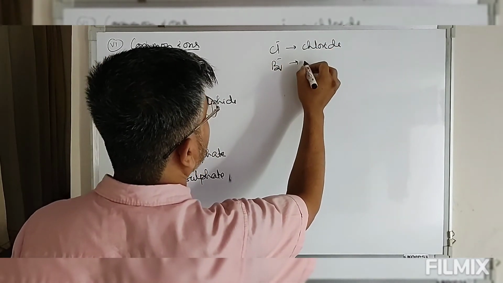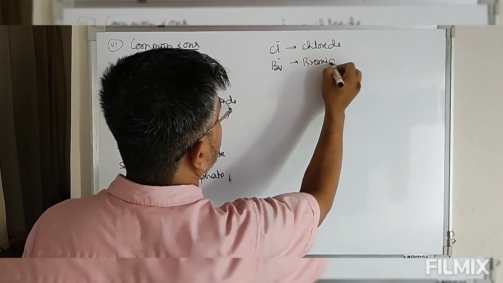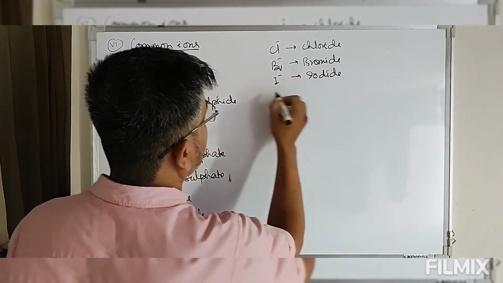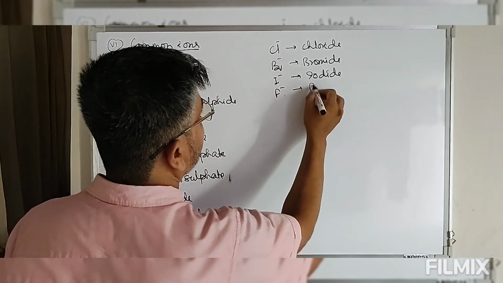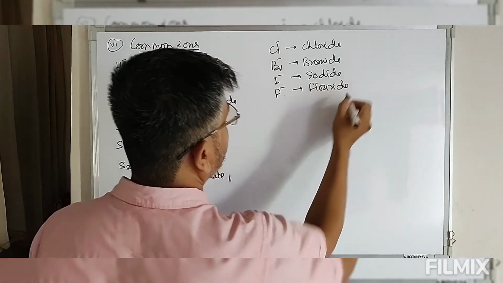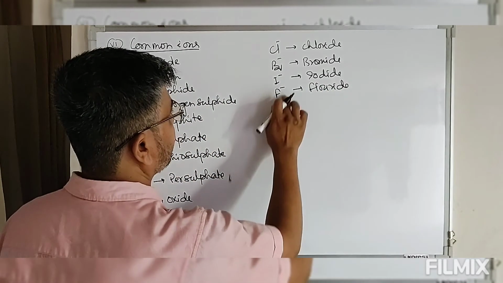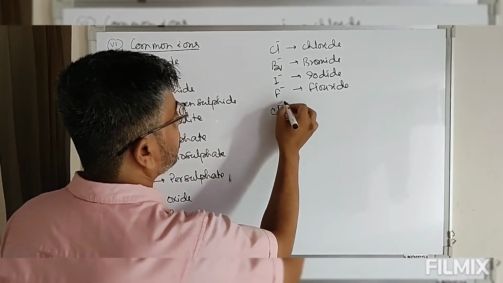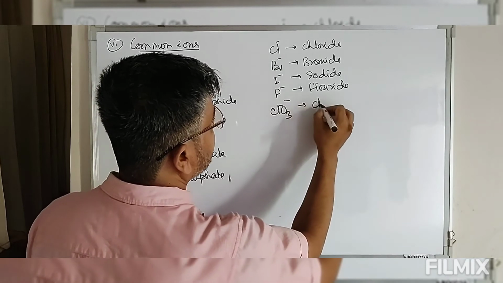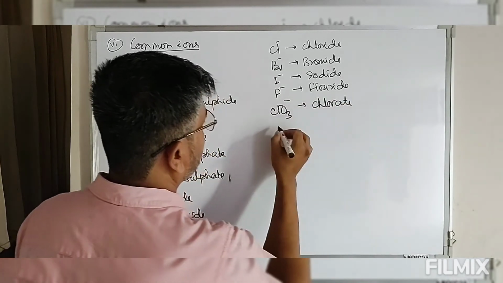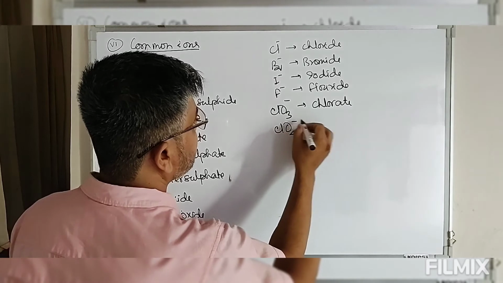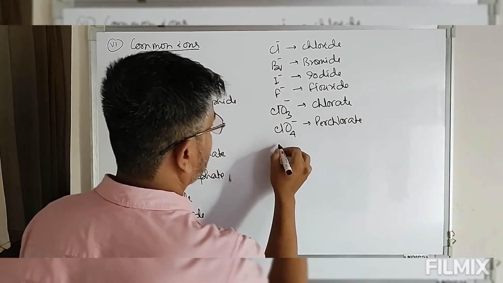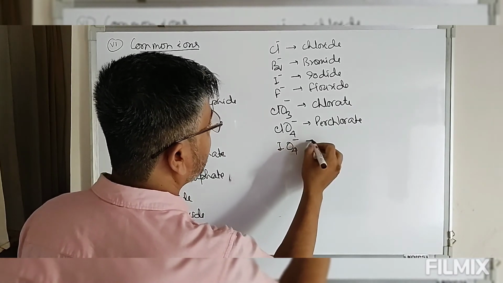Br minus, bromide. I minus, iodide. F minus, fluoride. ClO3 minus, chlorate ion. ClO4 minus, perchlorate ion. IO4 minus, periodate.